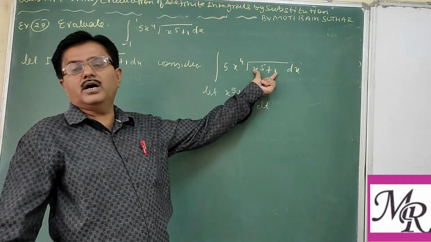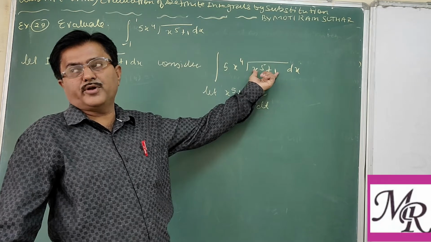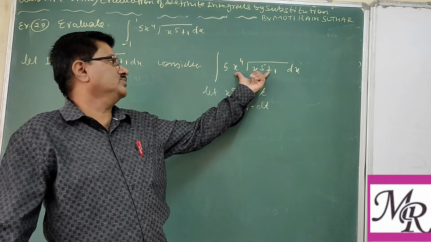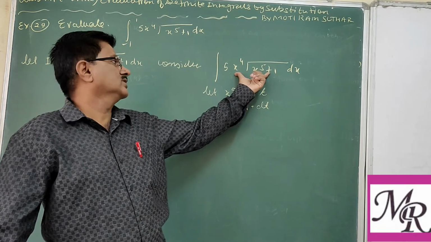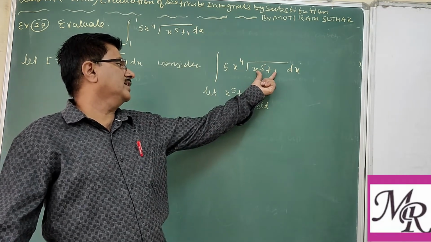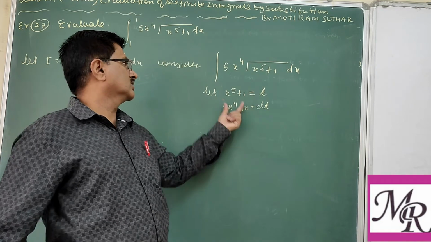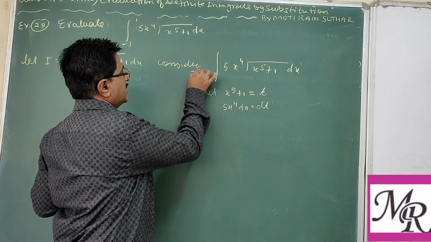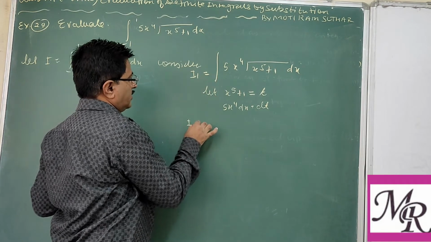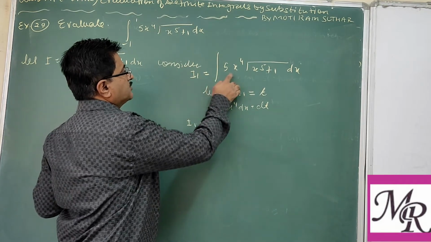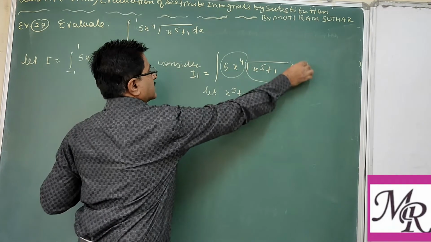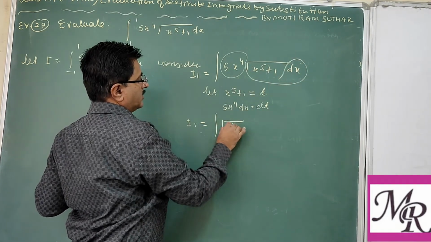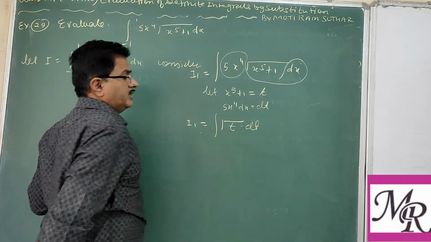We are putting the square root value because we want to convert this into a standard form which we can easily integrate. So this is suppose I1. I1 equals the integral of 5x^4 dx, which is dt, and the root is root of t. So very easy, root of t.